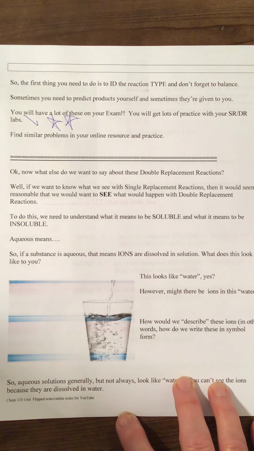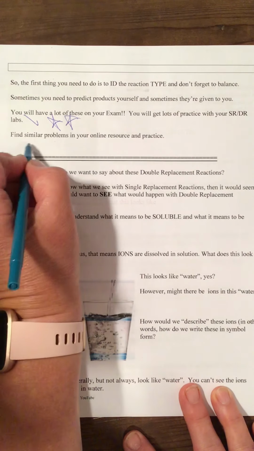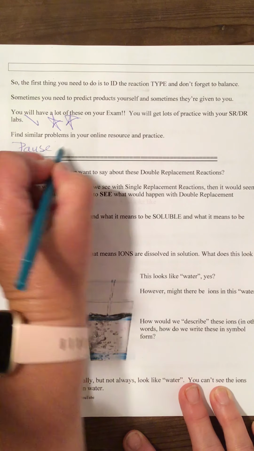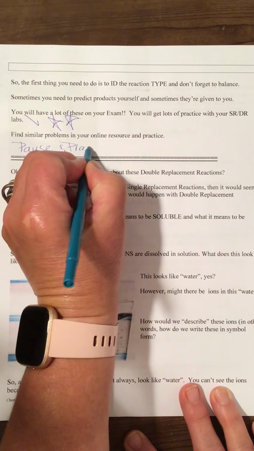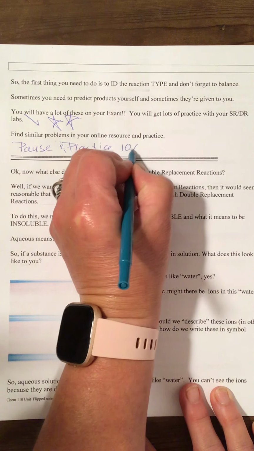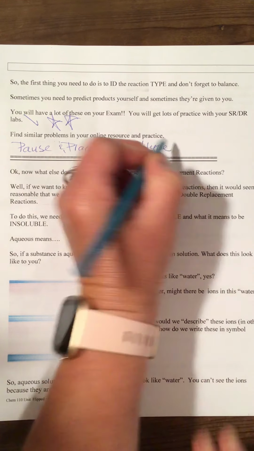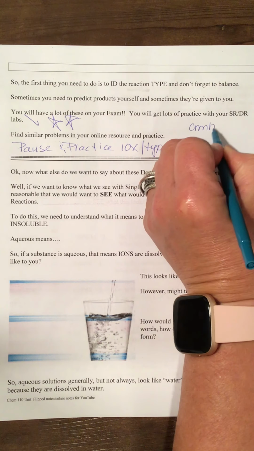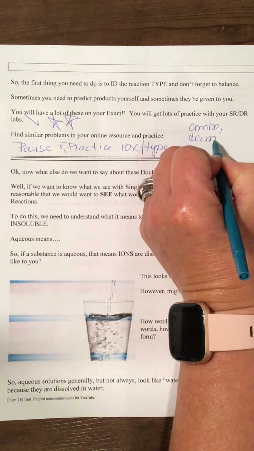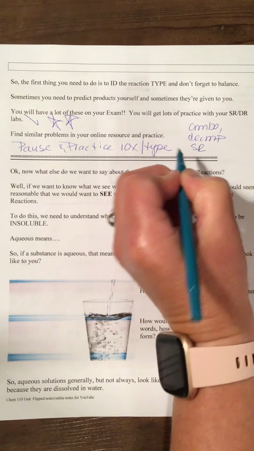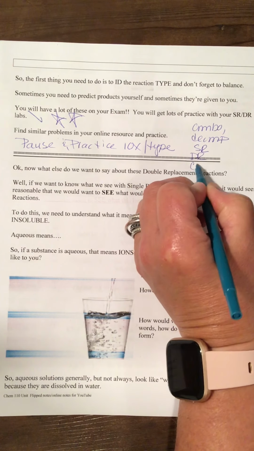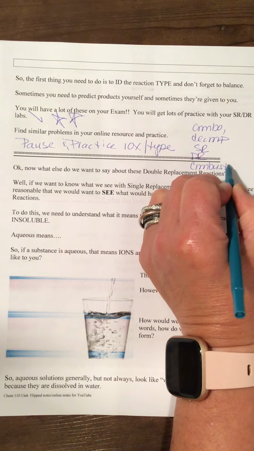Okay, so what you're going to want to do is you're going to want to pause and practice 10x per type. Okay, so we have combo, we have decomposition, we have single replacement, double replacement, and now we have combustion.